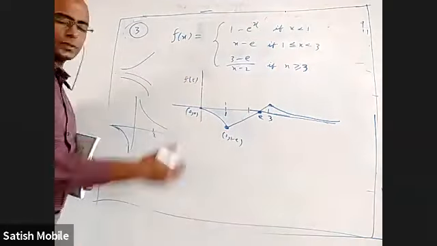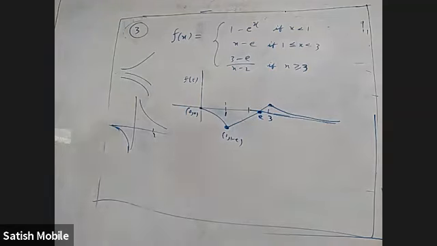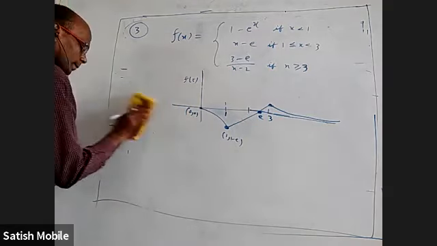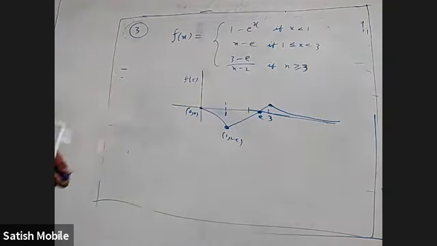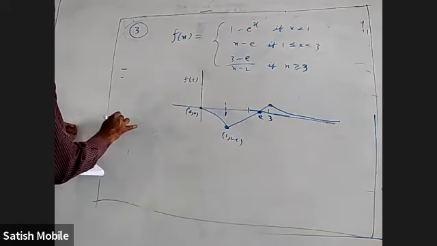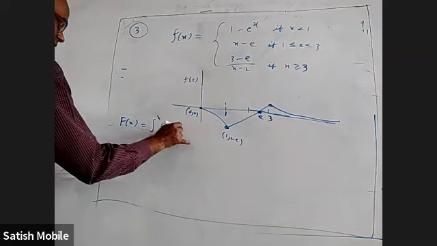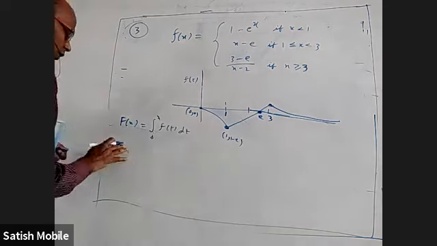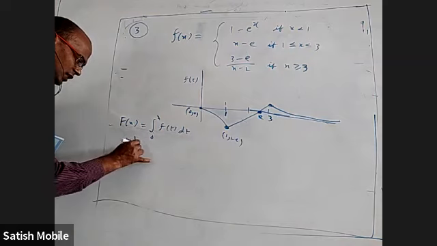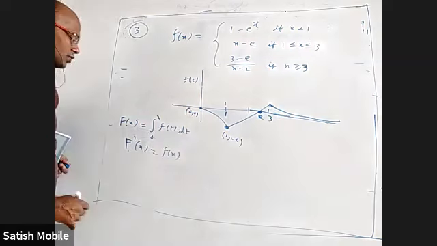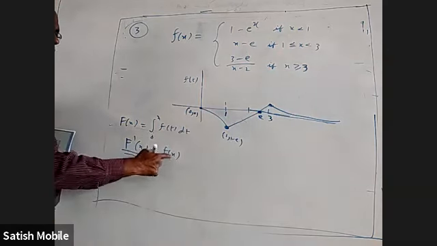Okay, this is f of t. Now I have to find the integral of this from 0 to something. So when I take capital F of x, which is the integral from 0 to x of f of t dt, I said capital F dash x is small f of x. So whether f is increasing or decreasing, everything depends on the sign of f of x.